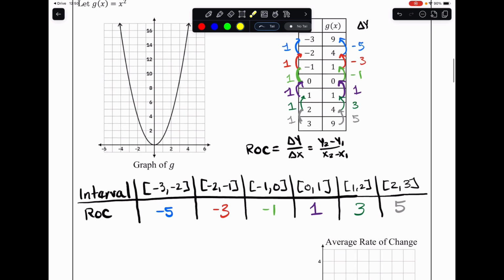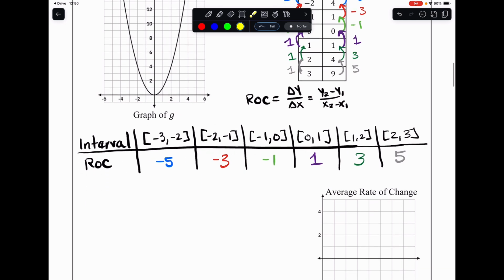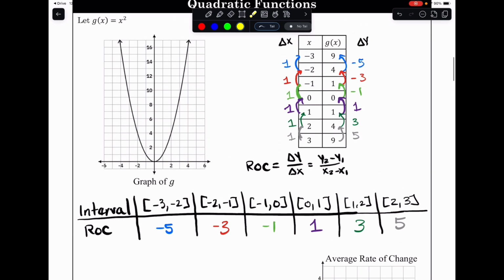The one thing I want you to pay attention to now is by how much the rate of change is increasing in these equal length intervals. Notice that the intervals are all a length of 1. I'm changing all my x values an equal length of 1.